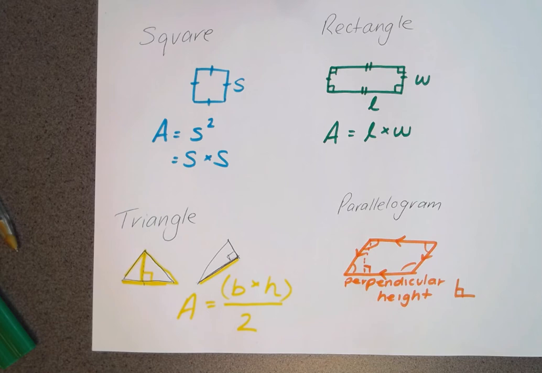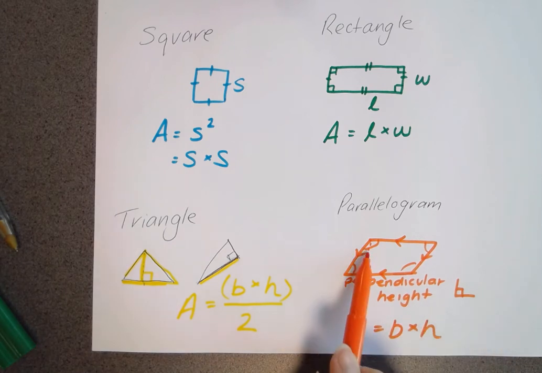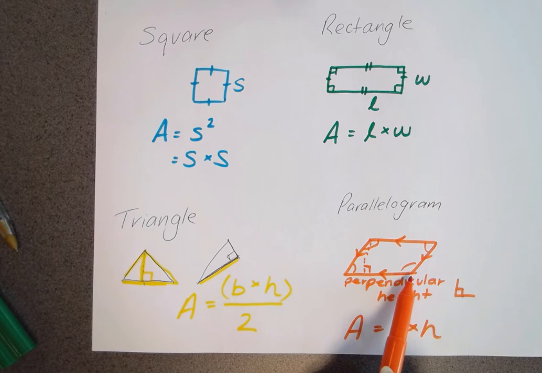And we also then again have to think of the base. So you've got to think about which way your shape is orientated or twisted. The area of our parallelogram is simply base times the height. Sometimes it might be tricky to try and figure out this height, and you need to think about which way the base is as well.